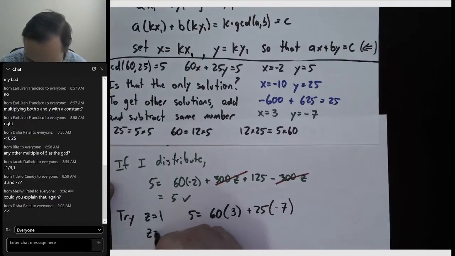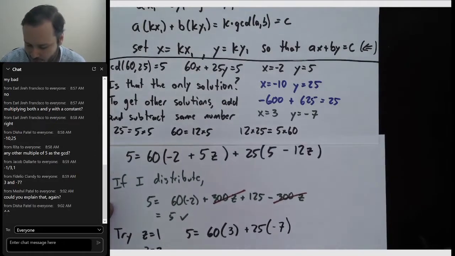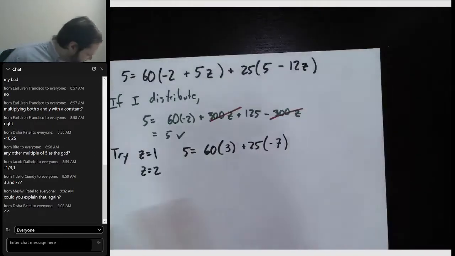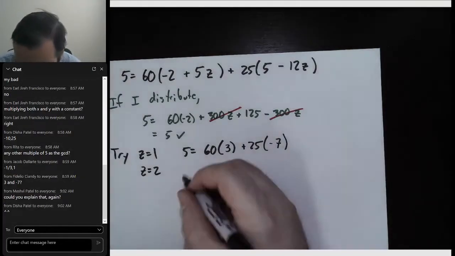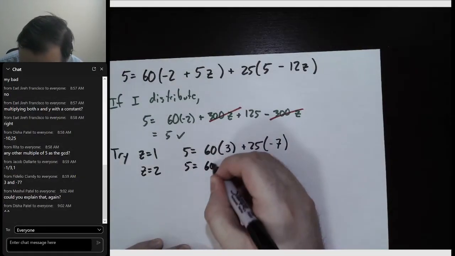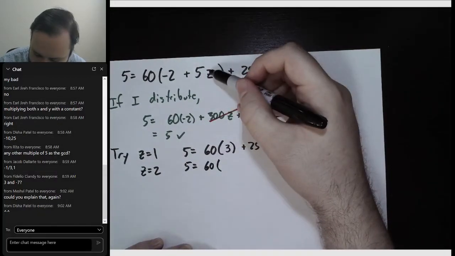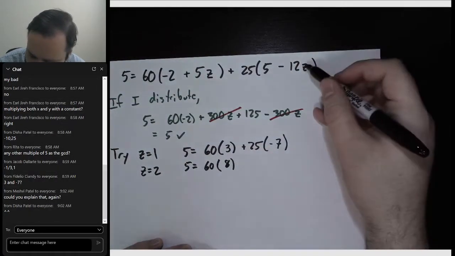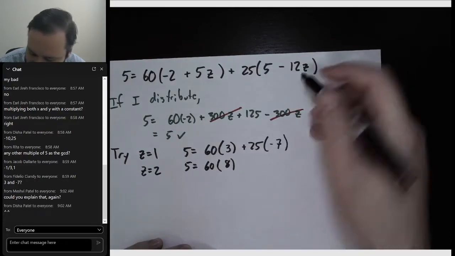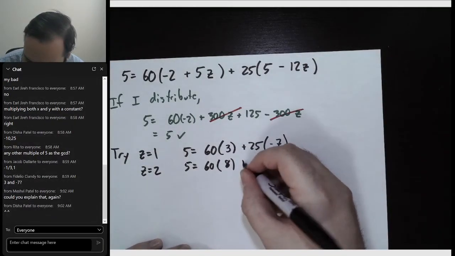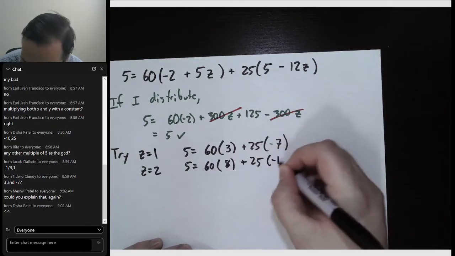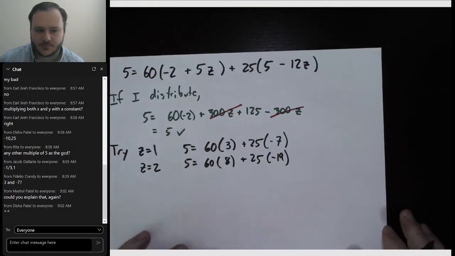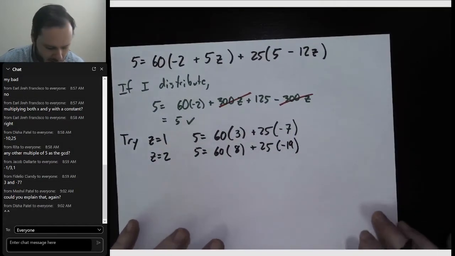But I can also make z equals 2. Z equals 2 is going to give me a new solution. So 5 times 2 is 10, minus 2 is 8. And then plug in 2 here, 5 minus 24 gives me negative 19. There we go, I've got another answer.